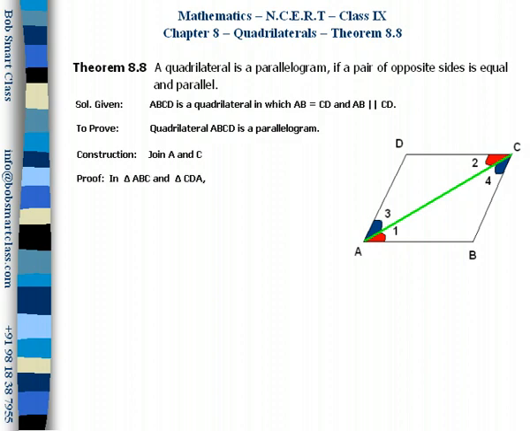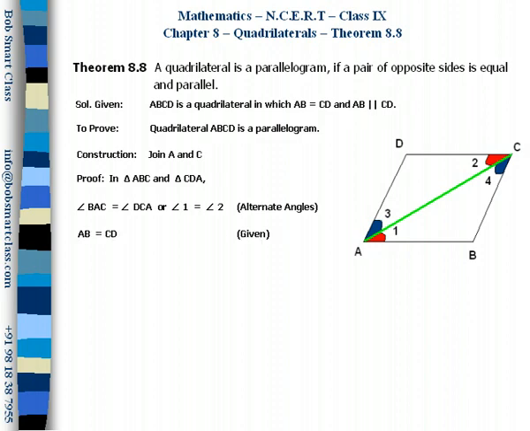In triangle ABC and triangle CDA, we have angle BAC equals angle DCA, or angle 1 equals angle 2, as they are alternate angles of the transversal AC which cuts the parallel lines AB and DC.